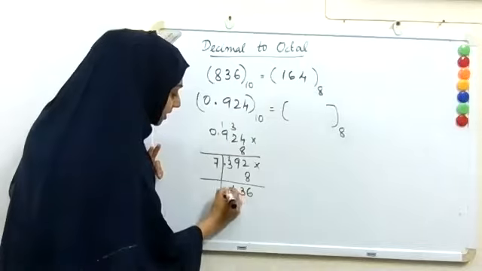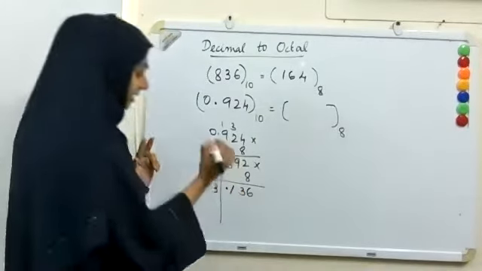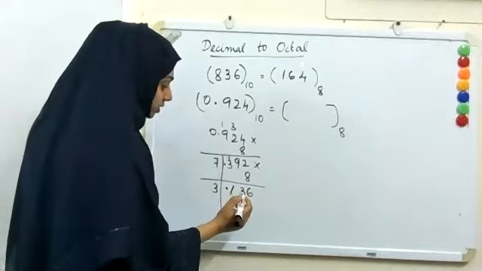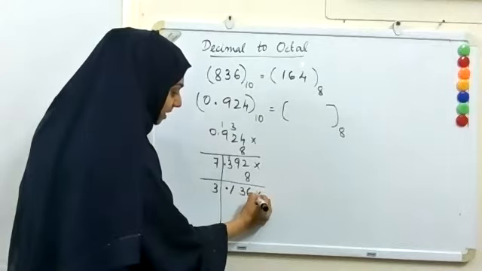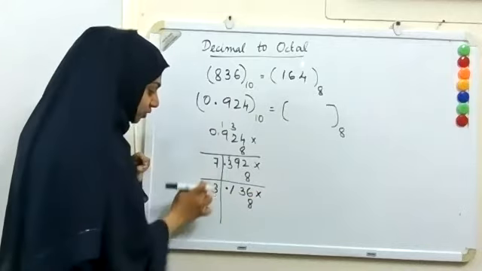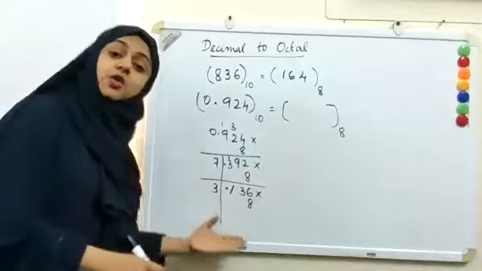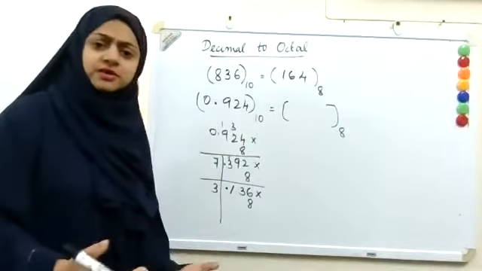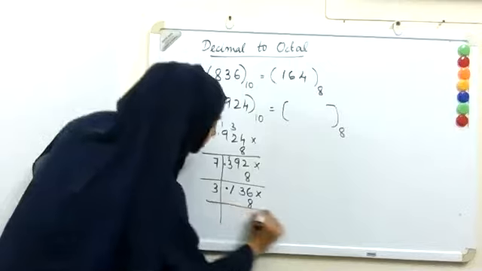So 1 and there will be a 3 balance. So 3 here before the point. Again you have to multiply it with 8. We got 2 digits. It may go on like that. You can stop at 3 or 4 or 5 digits, whatever you wish to.